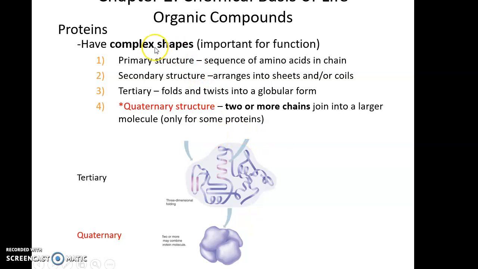So many proteins have just a single chain of amino acids and go up to tertiary structure, but a few proteins have to have multiple chains come together to form a complete functional protein. So quaternary structure, two or more chains joined into a larger molecule.